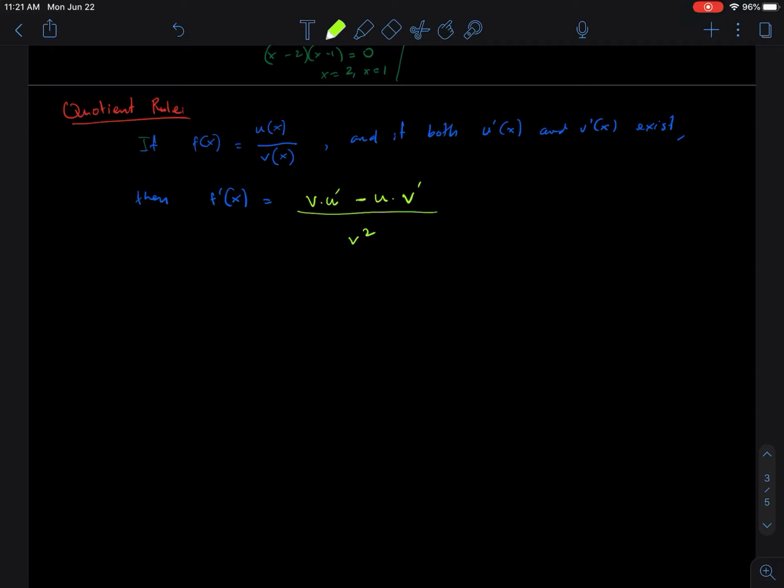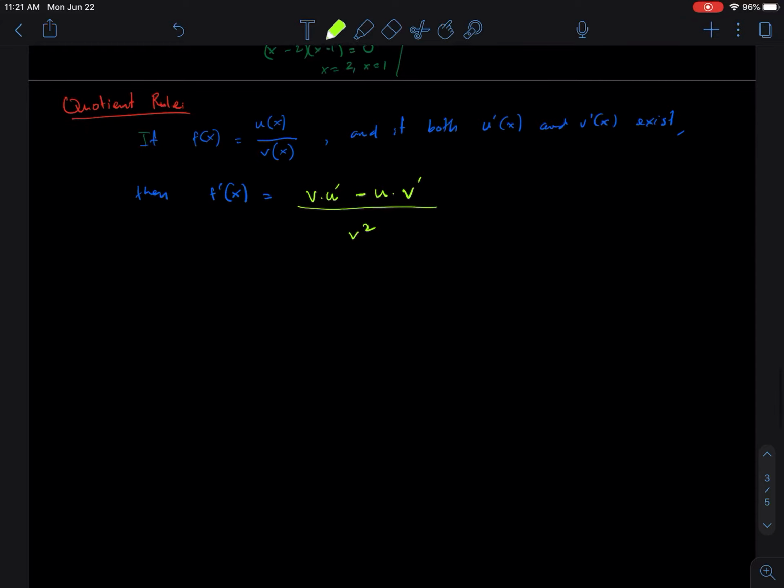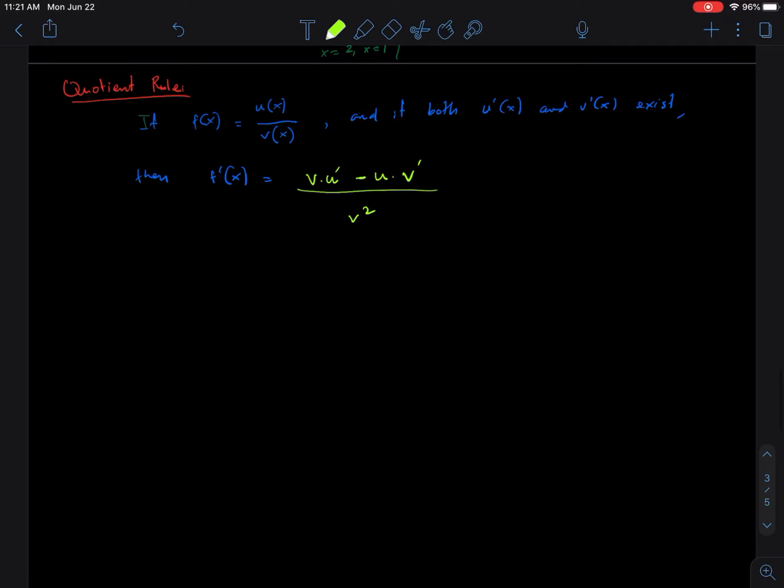So the quotient rule is equal to v u prime minus u v prime over v squared. Okay, so that is the quotient rule.